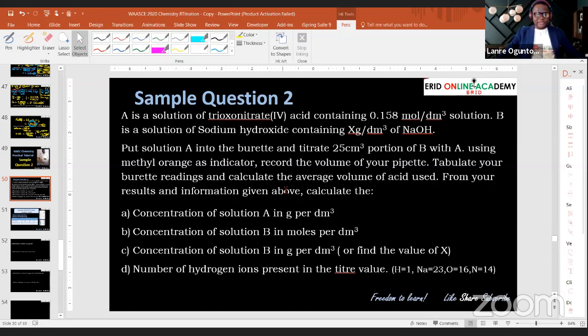For question 2, which is also a practical on qualitative analysis, cation and anion test, we'll be having a session mainly tomorrow, so that you can practice these ones today. Solve the questions that I will send to you.